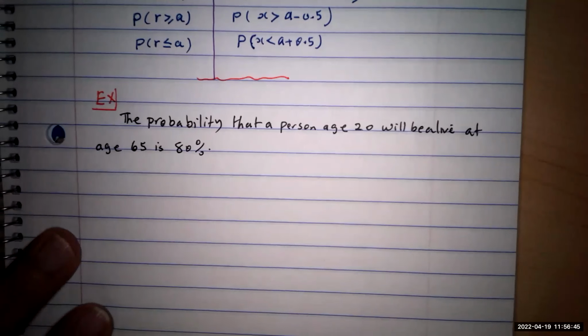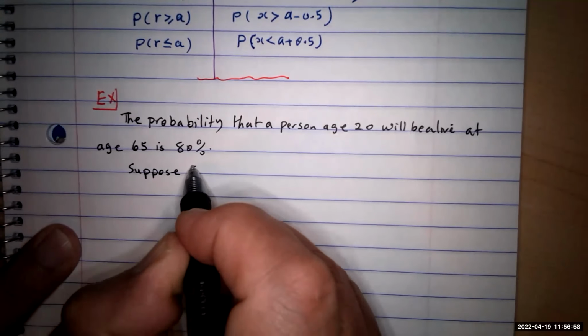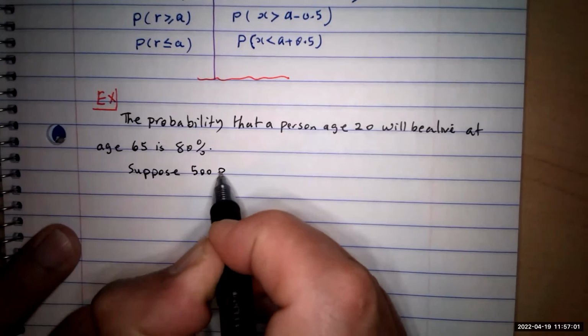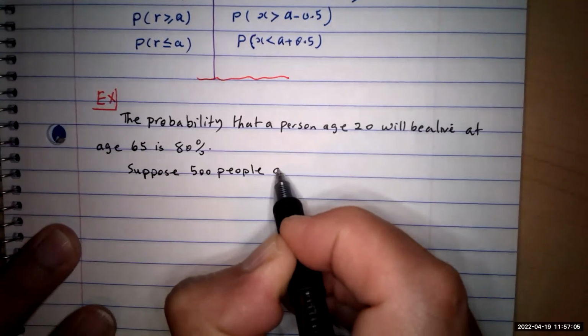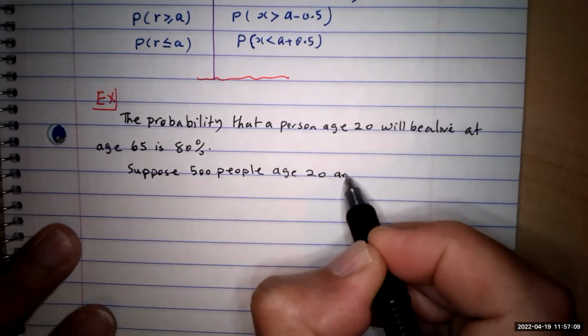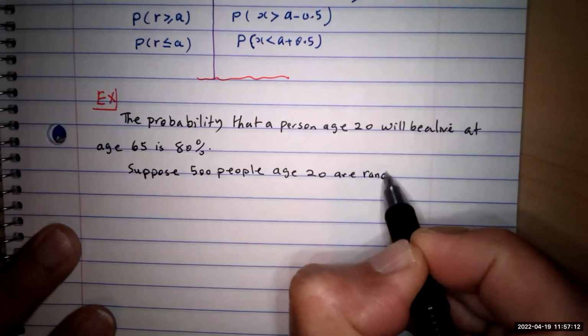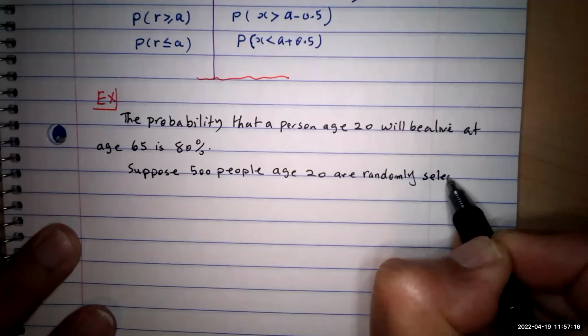We consider this one as a probability of success. So what's the question? Suppose 500 people, that's the sample size. Suppose 500 people, age 20, are randomly selected.